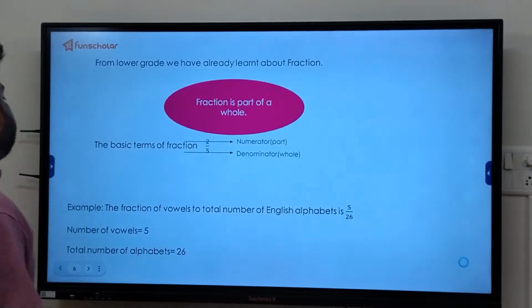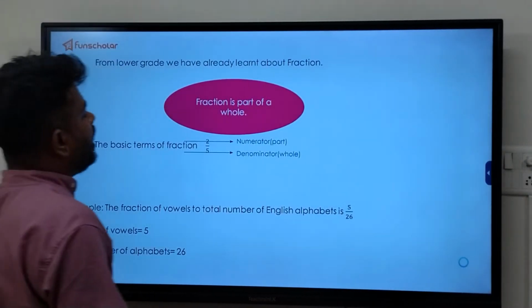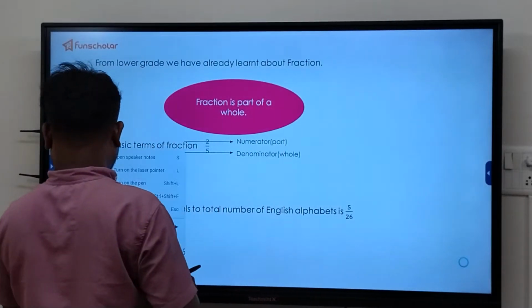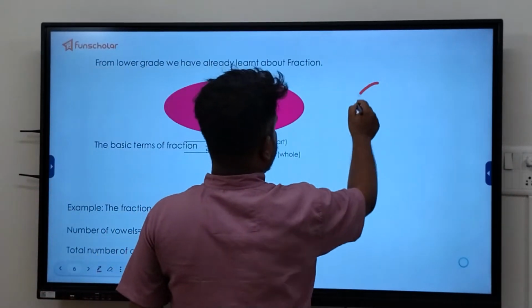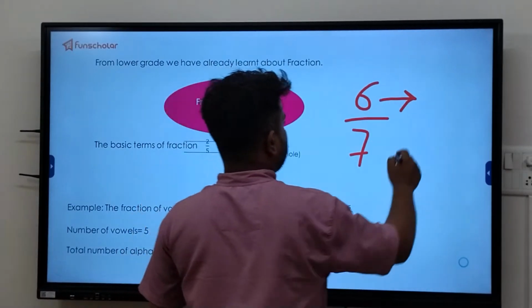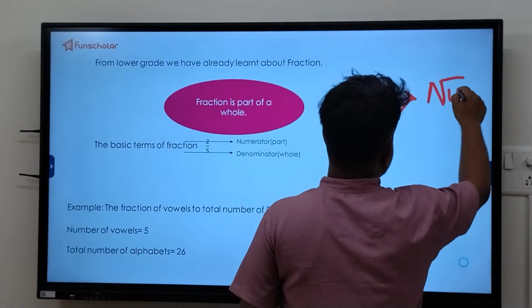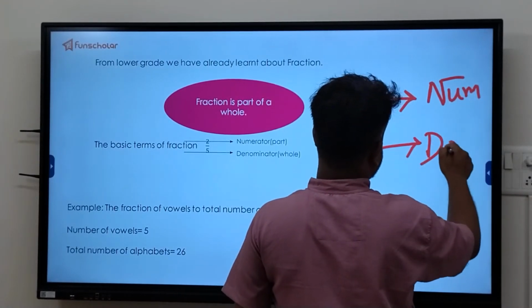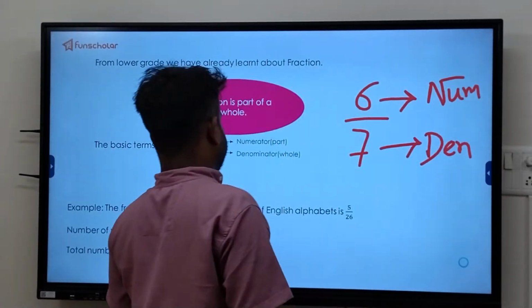The basic terms of fraction are these 2 parts. If I write 6 by 7, the upper part will be called the numerator and the lower part will be called the denominator.